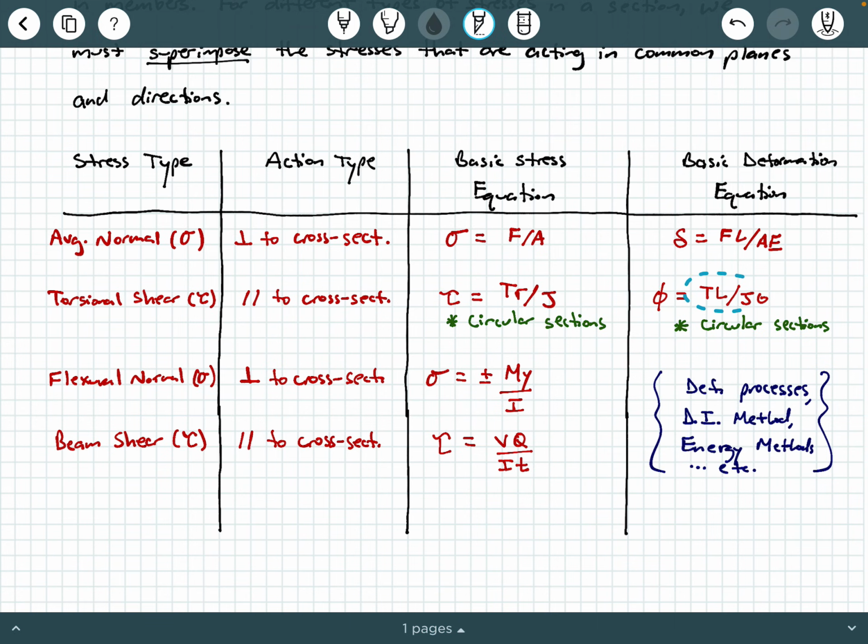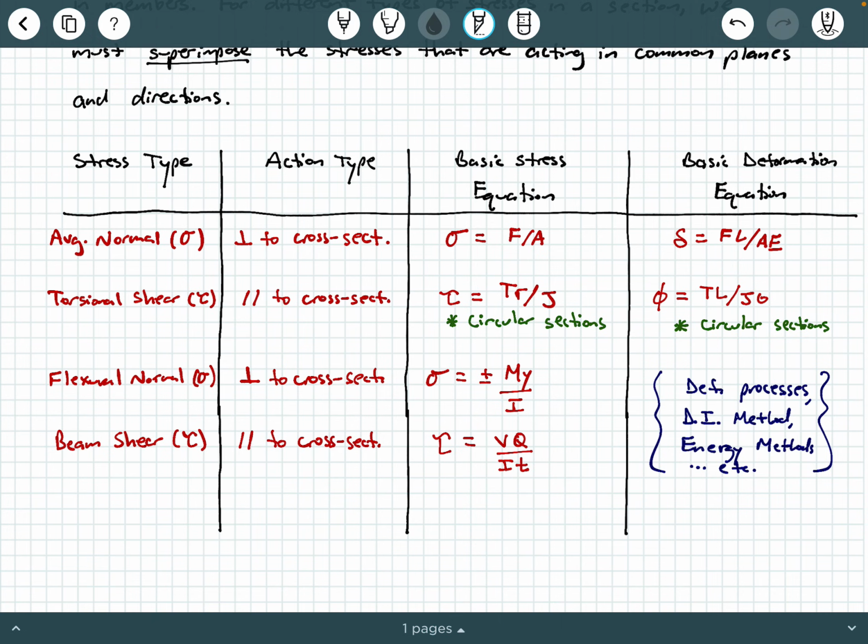Again, this formula is valid for circular sections, so either solid circles or hollow circles. If you have some other shape, you're going to have different governing stress and deformation equations for non-circular sections. I'm just including the circular sections here because these are the most common that we see in undergraduate mechanics of materials and structural engineering.